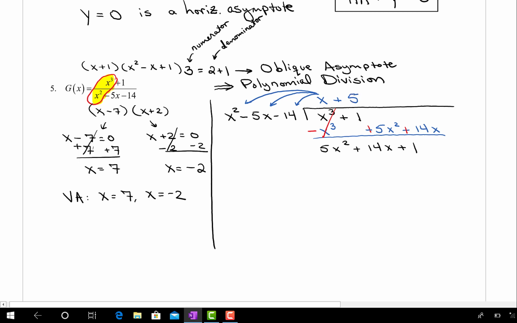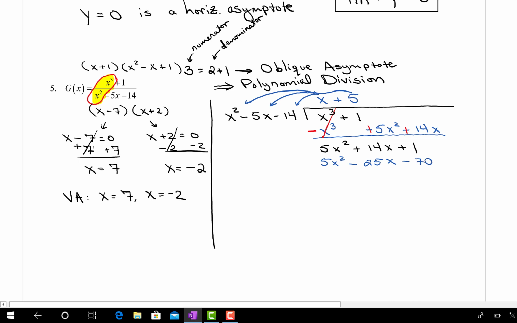Now we do it again. What do I need to multiply the x squared by? By 5. So now we distribute the 5 to each term in that trinomial. I'm going to get 5 times x squared is 5x squared. 5 times negative 5x is negative 25x. 5 times negative 14, I believe that's negative 70.